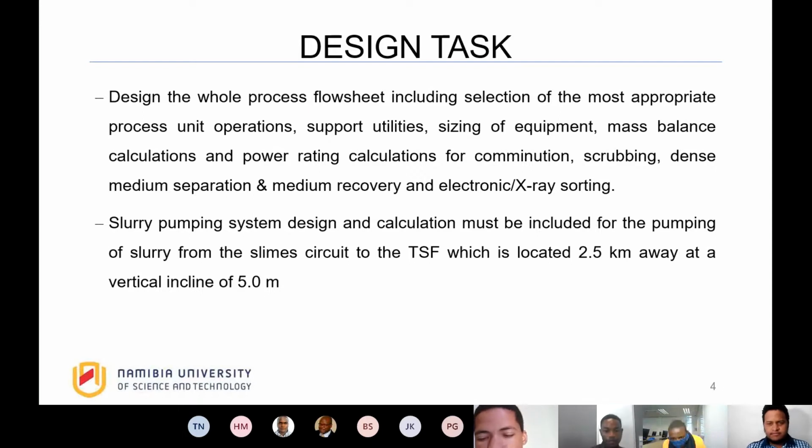Every process has its tailings facility or waste products. The waste products will be sent to a thickener and pumped to a tailings facility, which is about 12.5 kilometers away with a 5-meter vertical inclination.